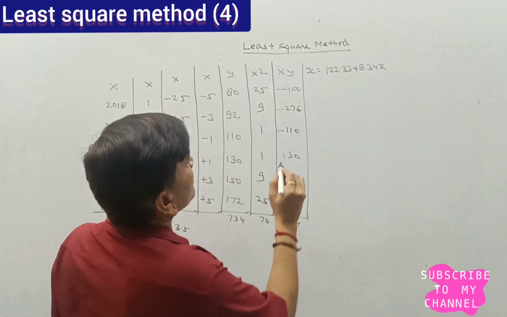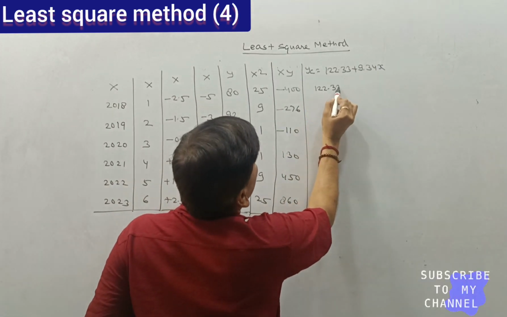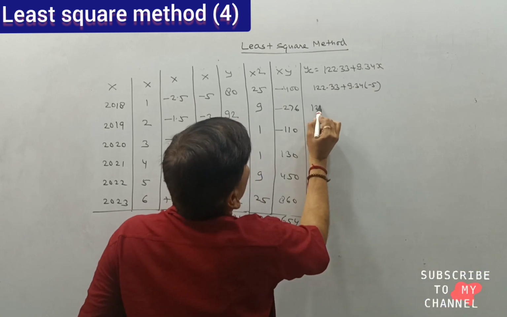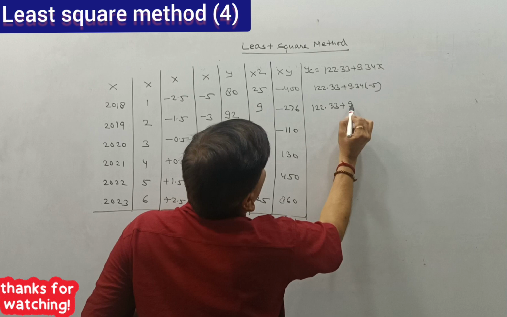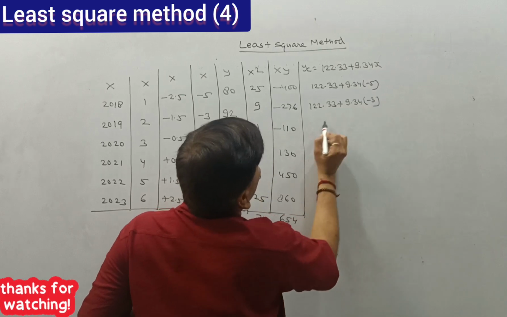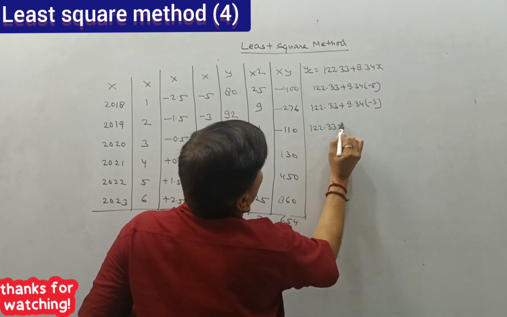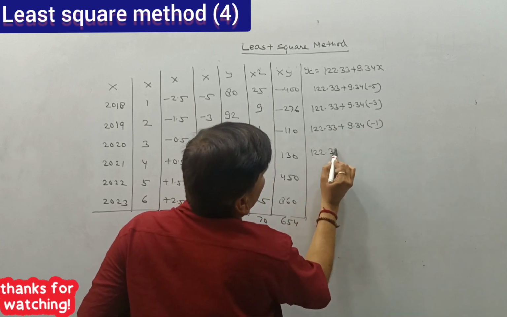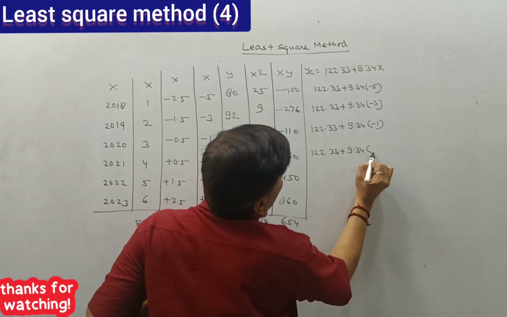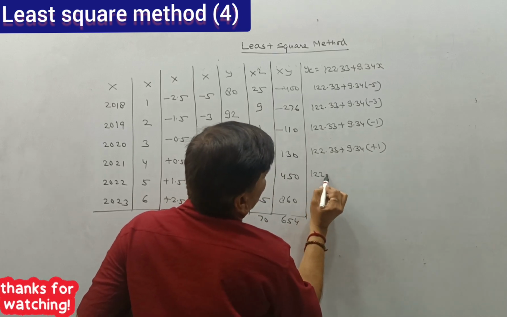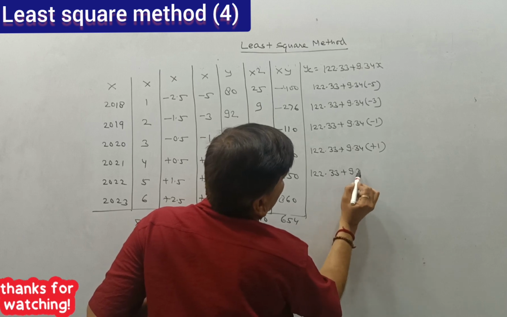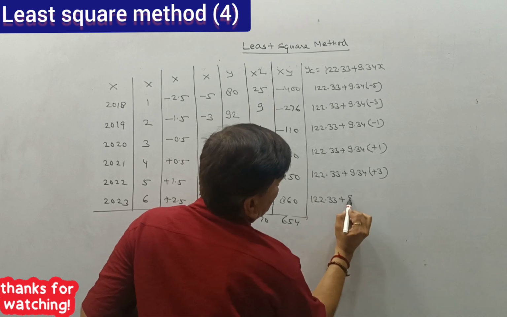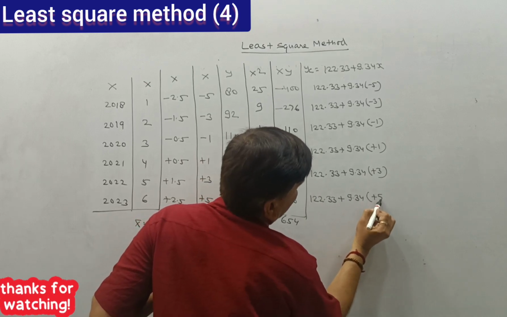So this will be 122.33 plus 9.34 multiplied by minus 5, 122.33 plus 9.34 multiplied by minus 3, 122.33 plus 9.34 multiplied by minus 1, 122.33 plus 9.34 multiplied by plus 1, 122.33 plus 9.34 multiplied by plus 3, and 122.33 plus 9.34 multiplied by plus 5.